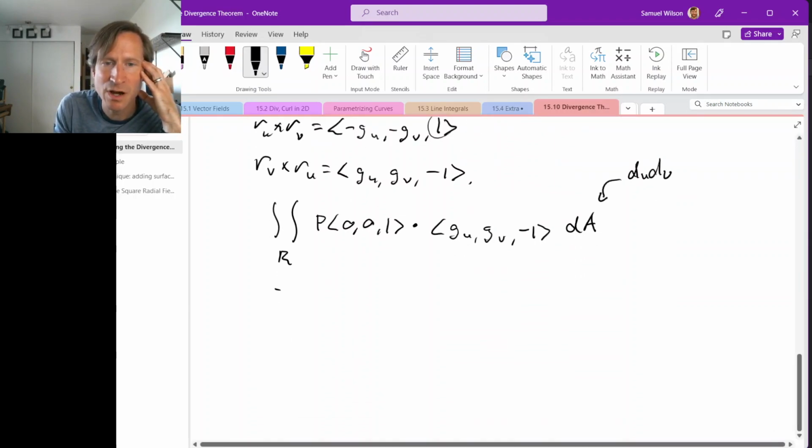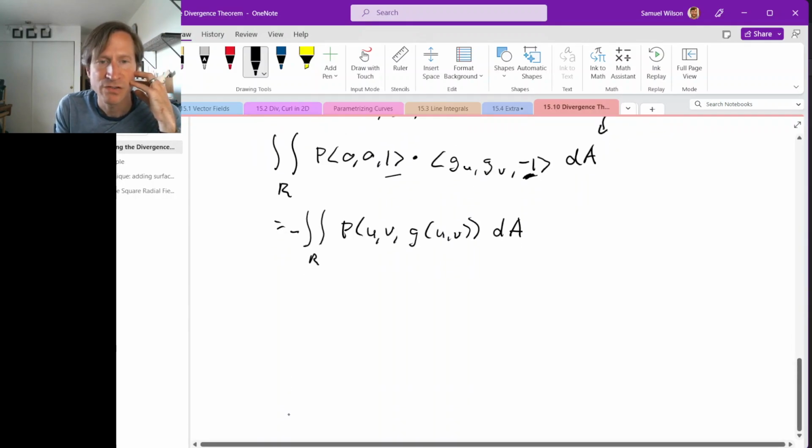And then when we do this dot product, we get the integral over the region R of, this time we pick up a minus sign because of the minus 1 over here, so minus p of (u, v, g of u, v), dA.